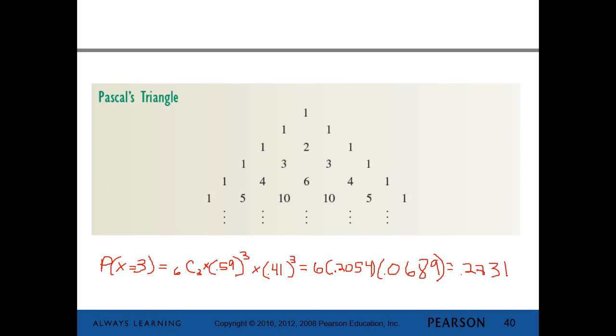So the probability that 3 out of the 6 randomly selected college students will attend more than one college during their academic career is 0.2831. And that's the answer.